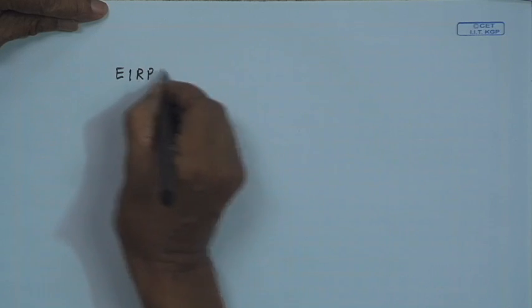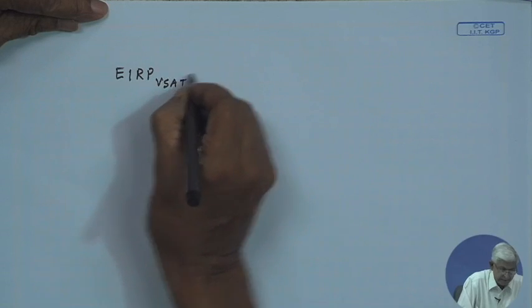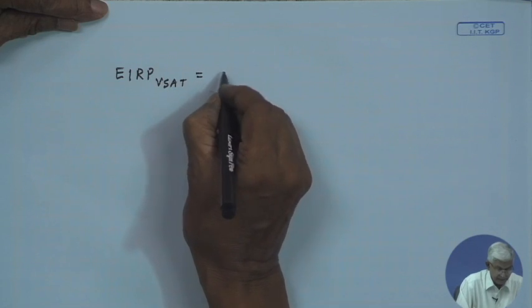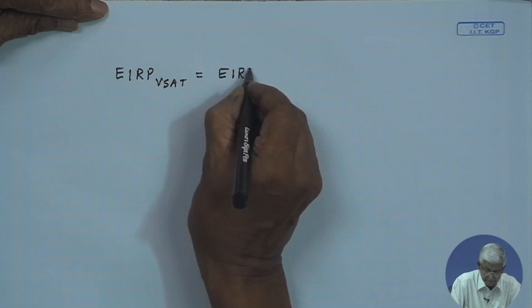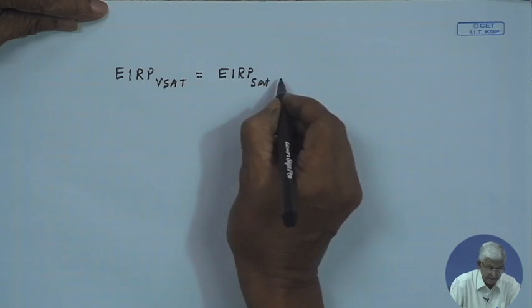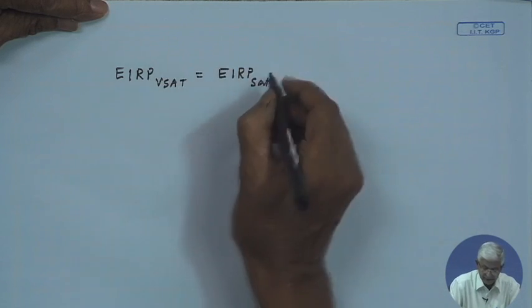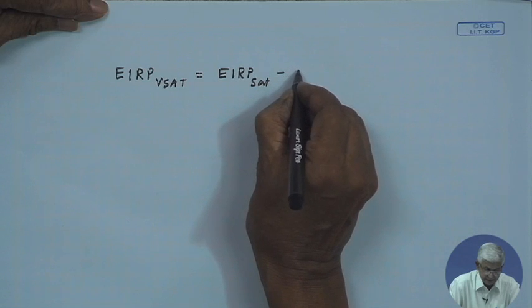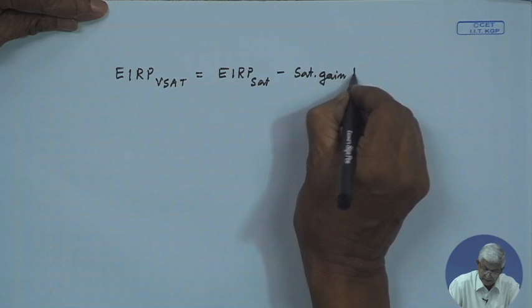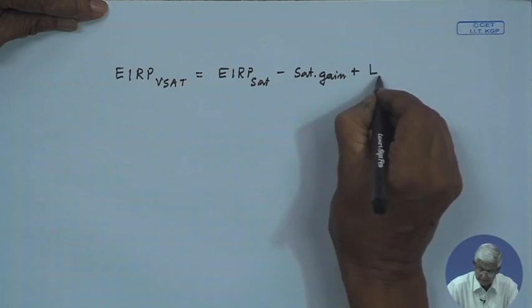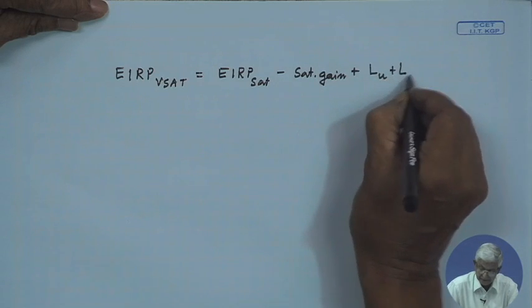So, therefore, we can write it this way: EIRP of VSAT is equal to EIRP of satellite, and then I reduce the satellite gain, and then I add the losses, uplink and miscellaneous losses.